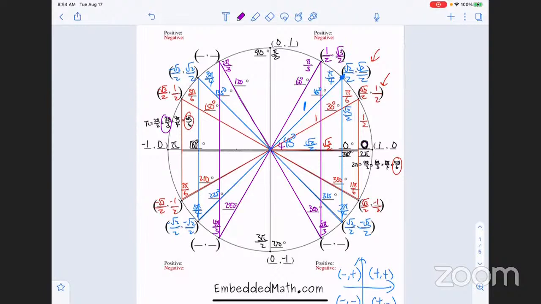Does that make sense? That triangle, one is laying down, one is standing up. So they're the same triangle. And this is 1/2, negative square root 3 over 2 positive, negative 1/2, negative square root 3 over 2, and positive 1/2, square root 3 over 2.